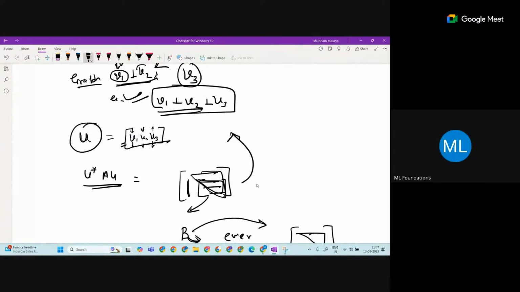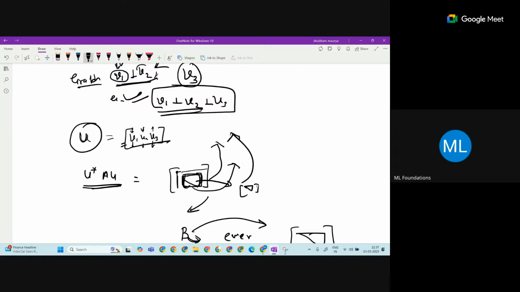Now if you do U star A U, you'll get a matrix that may be directly upper triangular, and may not be. If not, then this column has some non-zero entry with zeros below it, and this part will remain. Then do the same process you just did above: choose that smaller block matrix and make it upper triangular.